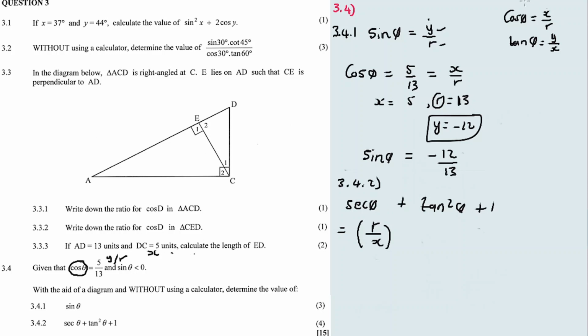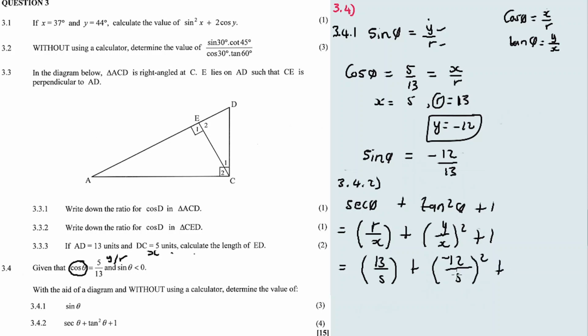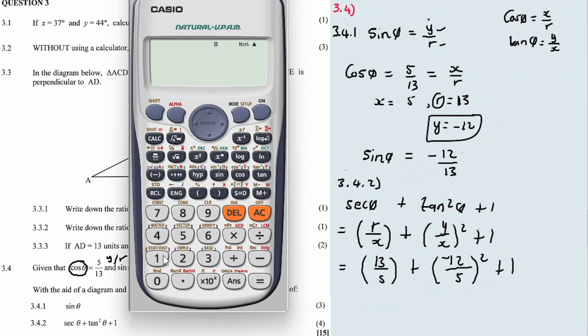Since sec is the inverse of cos, r goes on top and x goes below. Since sec is the inverse of cos, plus tan is y over x, squared, plus 1. Then we substitute again: r is 13, x is 5, plus y, minus 12, divided by x, 5, squared, plus 1, and then we use our calculator again.